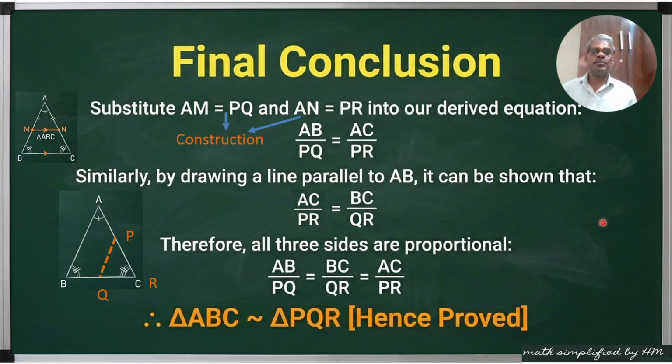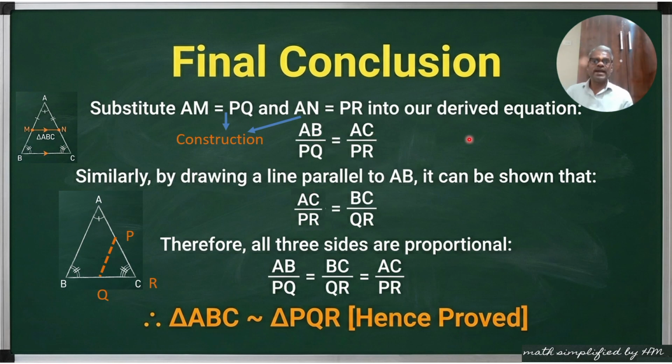Now we come to the final conclusion. By our construction, we have AM is equal to PQ and AN is equal to PR. So substitute AM equal to PQ and AN equal to PR in our derived equation and we get AB upon PQ is equal to AC upon PR.